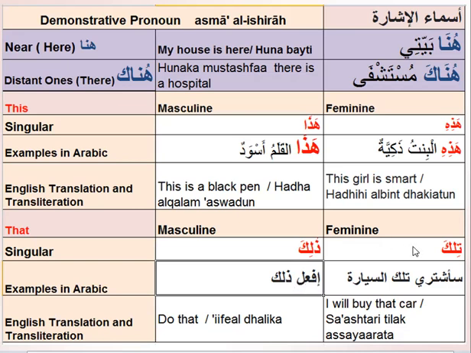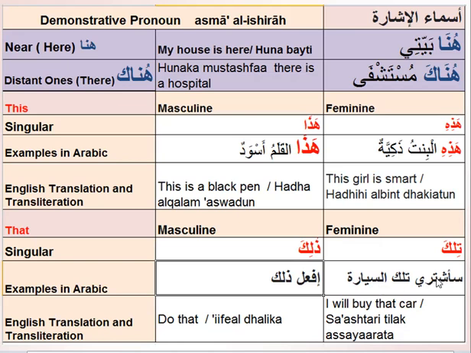Same way we have the feminine word. For feminine words, we can use the demonstrative pronoun tilka. I have a sentence, I will buy that car. Sashtari tilka as-sayyara. That means I will buy that car.